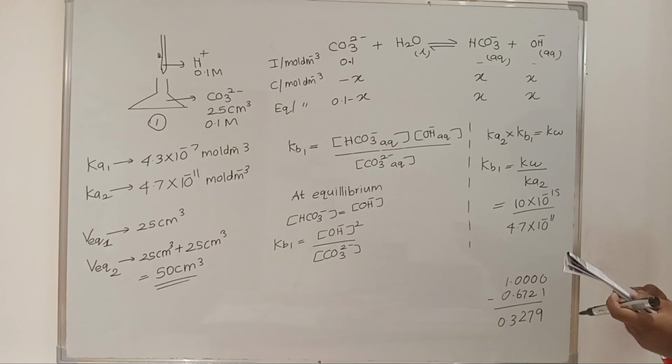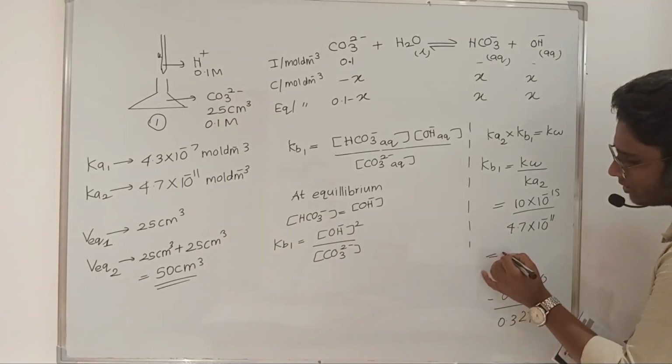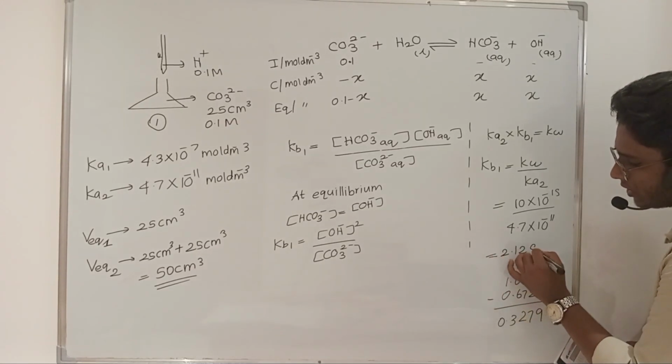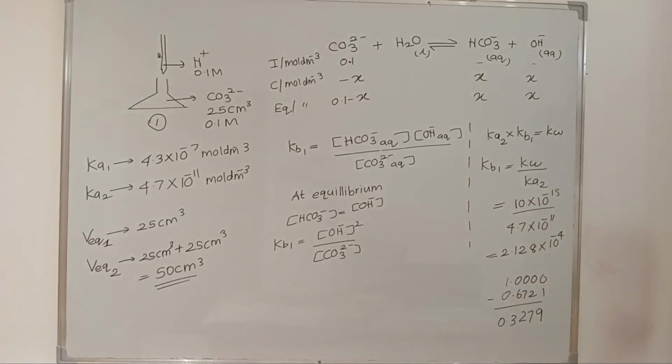3279 is 2128, right? That is going to be 2.128 into 10 to the power minus 4.